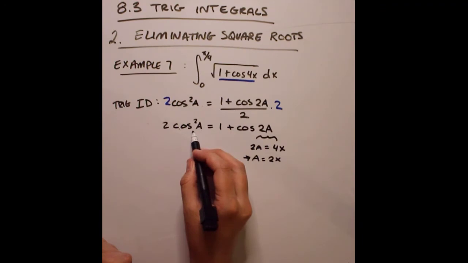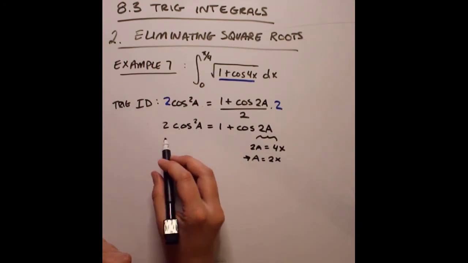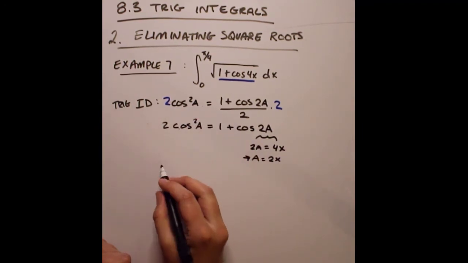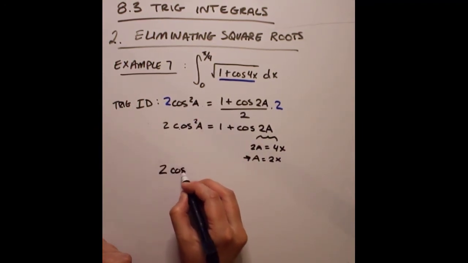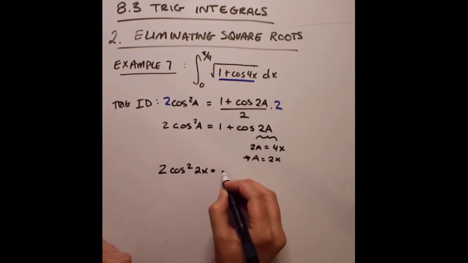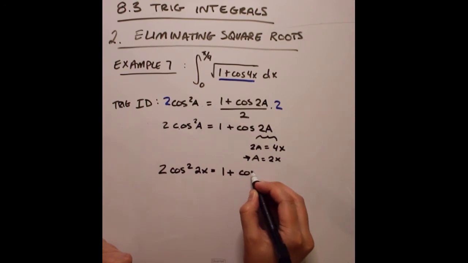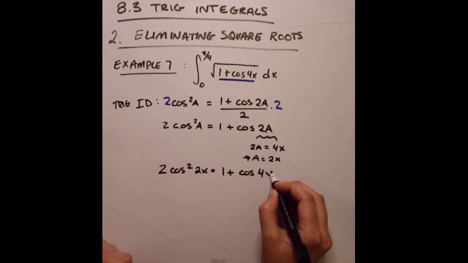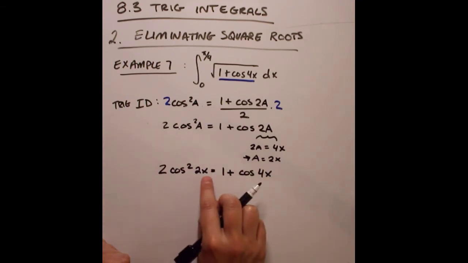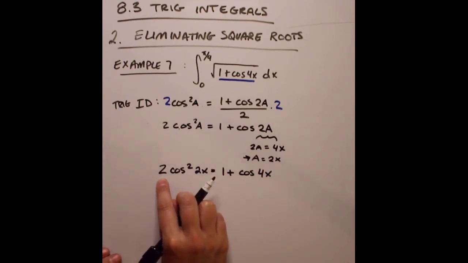Now on this left side, we can rewrite our identity. Let's put it all together. We have 2 cosine squared of 2x equals 1 plus cosine of 4x. And then this was our radicand, and we can now rewrite it using our identity.